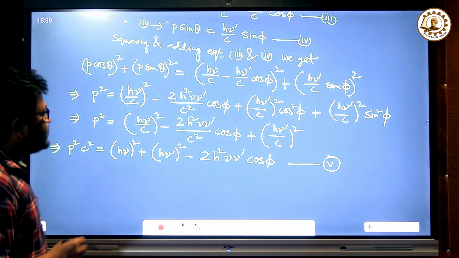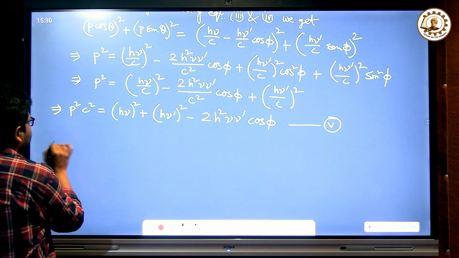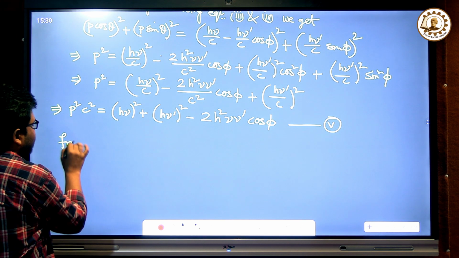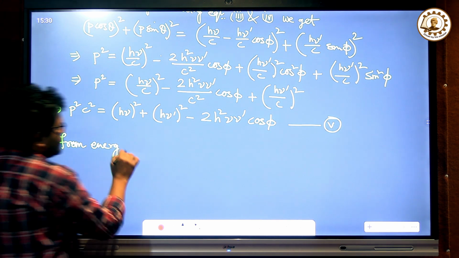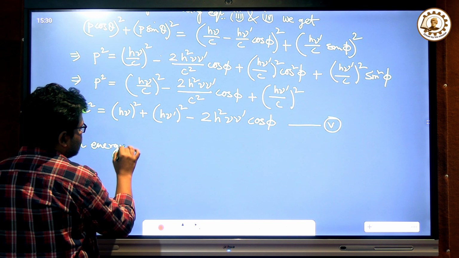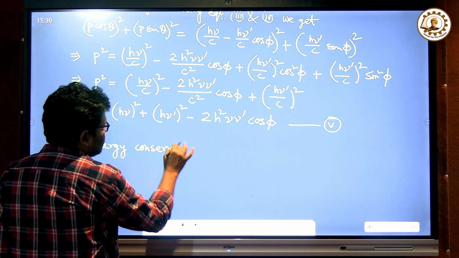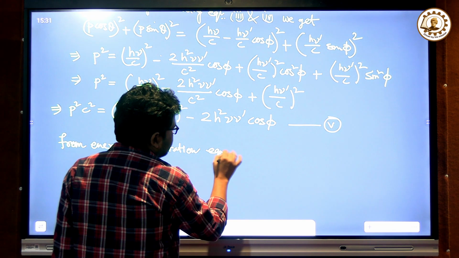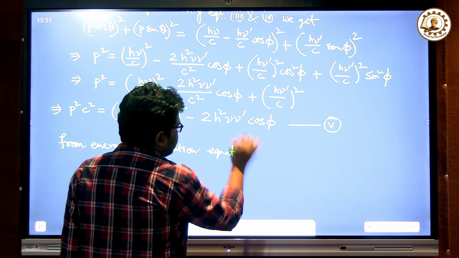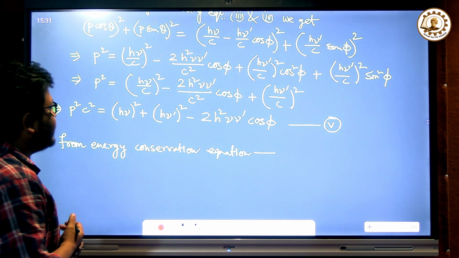So from the energy conservation equation, what do we get?